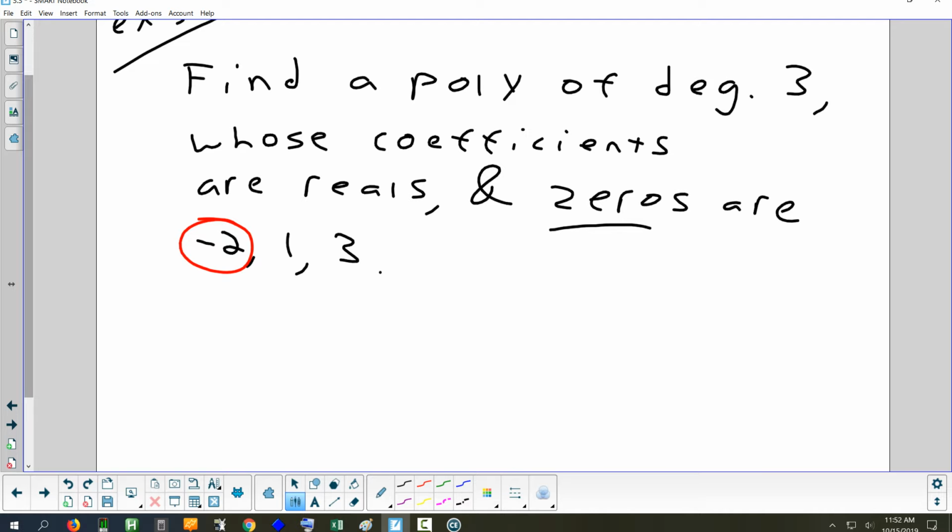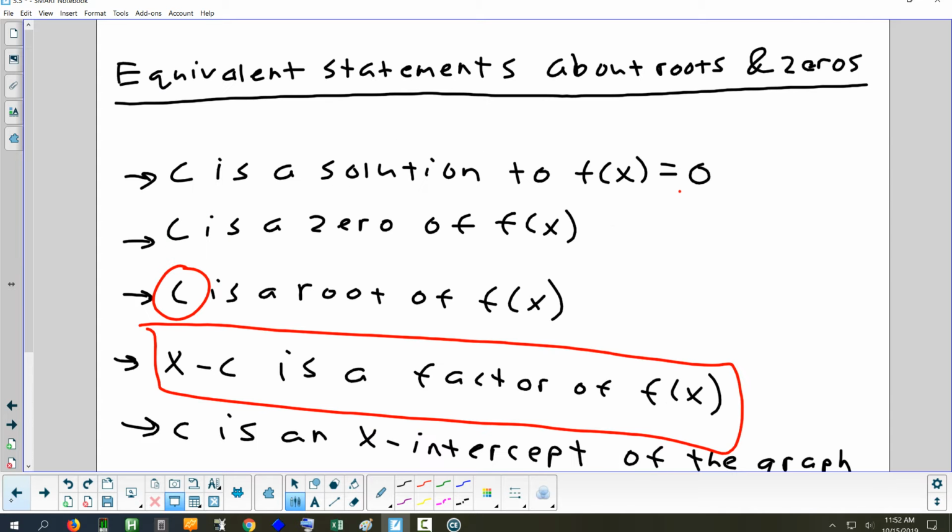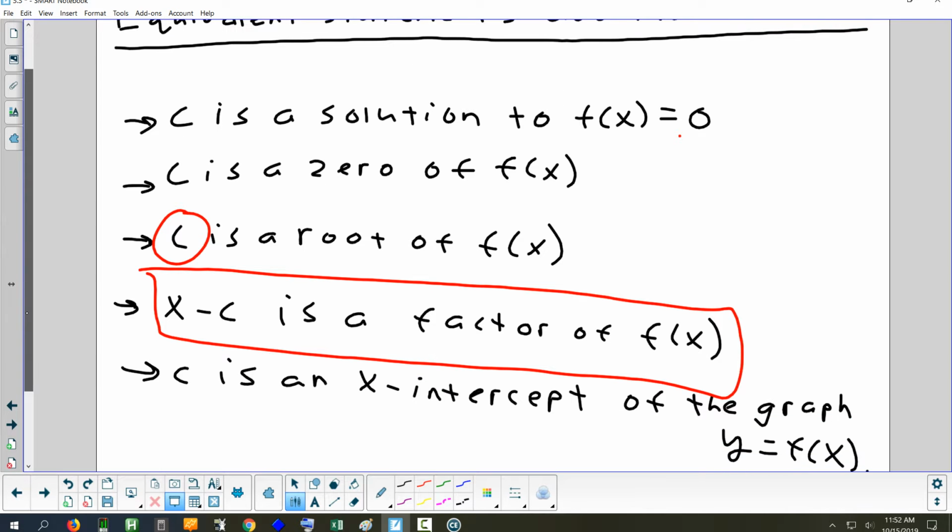X minus C. Okay, what do you mean? So this is like your C. I'm telling you a specific value of C that works. -2 is a root. So what else does that mean? My C in this case is -2. -2 is one of my zeros.